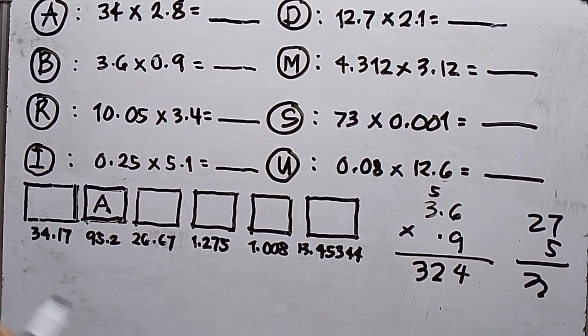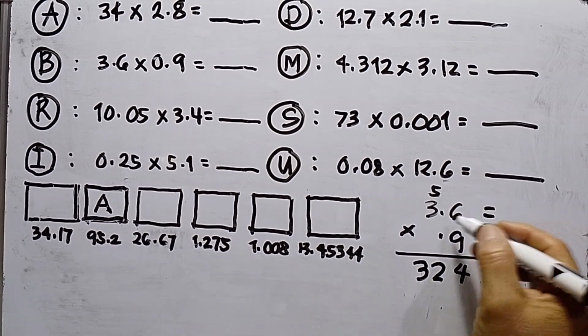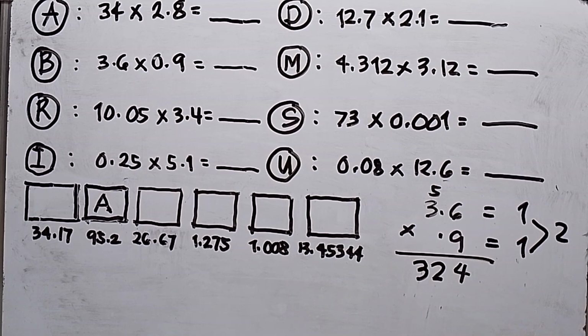Okay, 32. So, how many decimal places do we have for 3.6? Only 1, and for 0.9 also 1. So this will be 2 decimal places, starting from the right going to the left. So this will be 3.24. Do we have 3.24? We don't have a product which is 3.24.